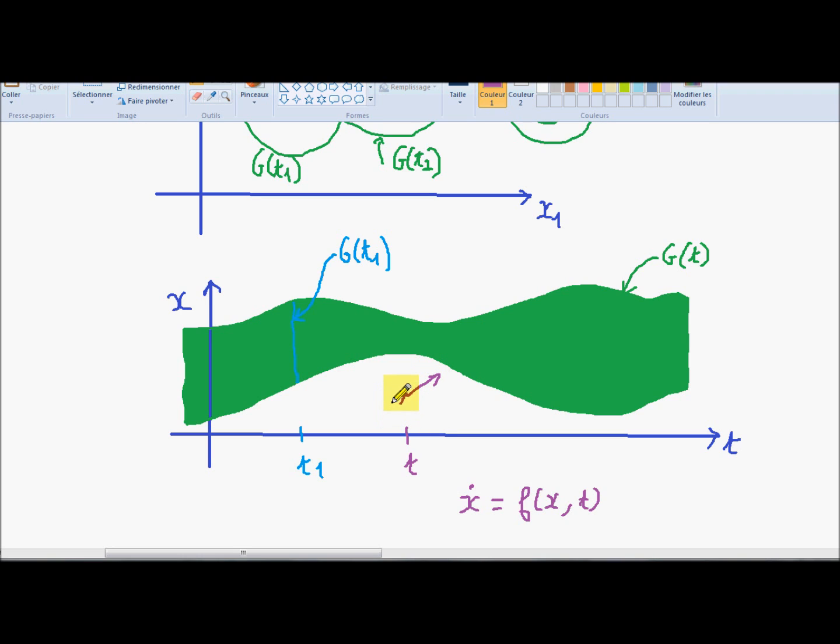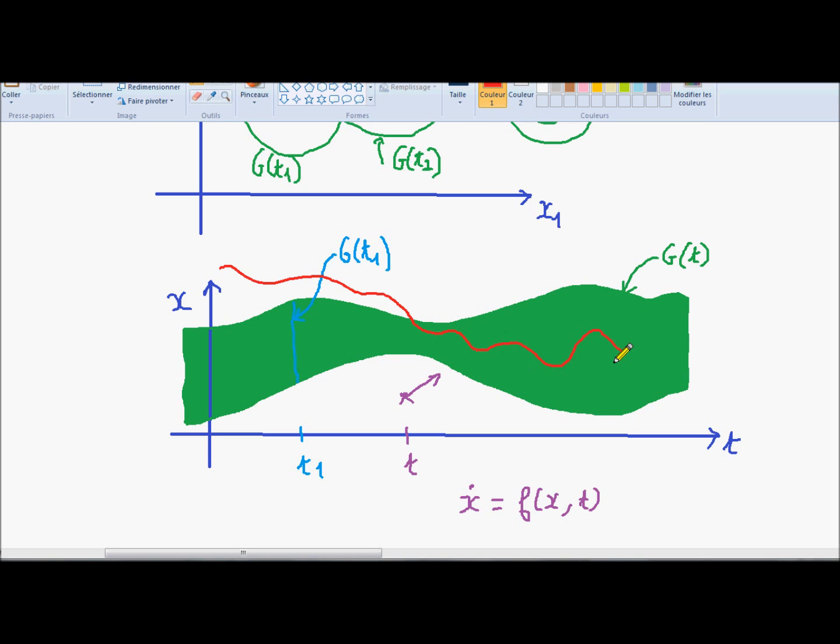We can understand at this moment that a capture tube is a tube such that if I have a trajectory like this, I can move like this. Once I am inside, I will stay inside forever. It is a capture tube.